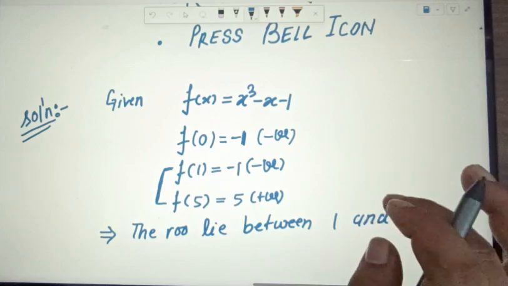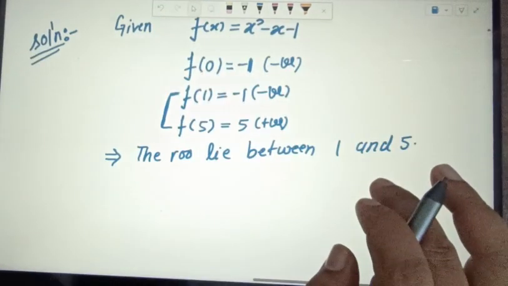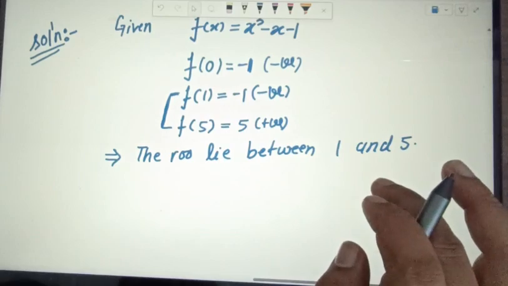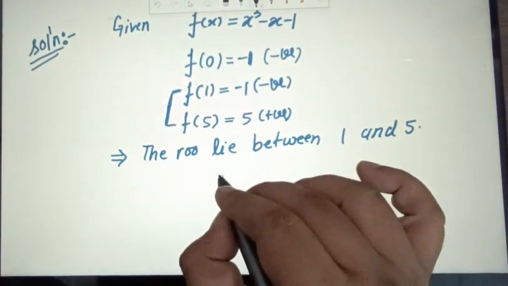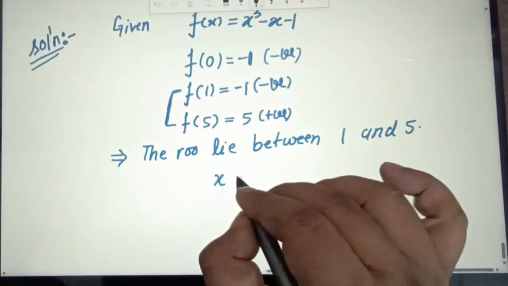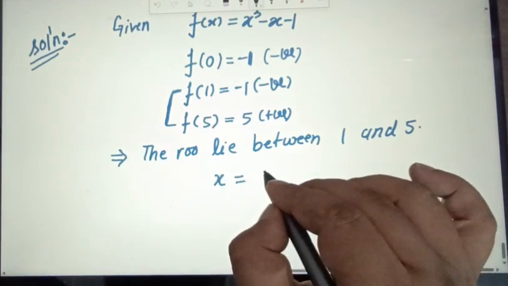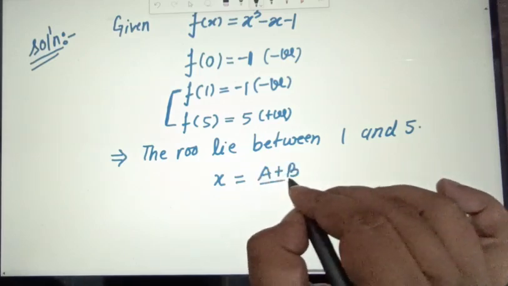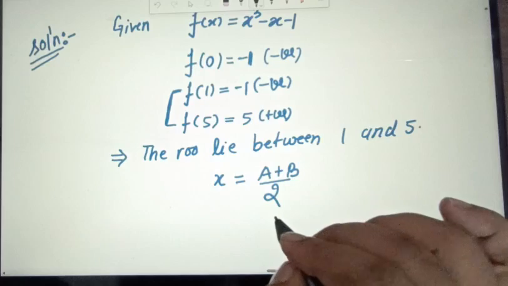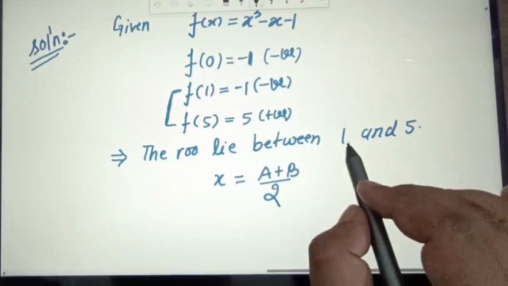Very good. Now in the first iteration, what is required of you? We need to find x, that is the midpoint, by the bisection method. That is a plus b by 2, where a and b are the endpoints of the interval where the root lies.